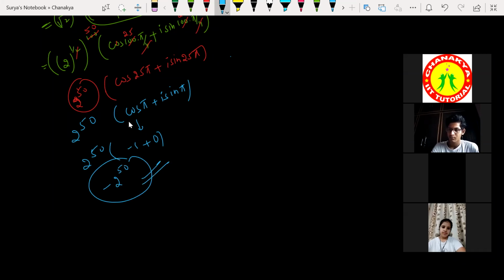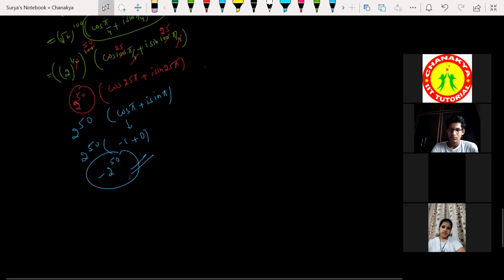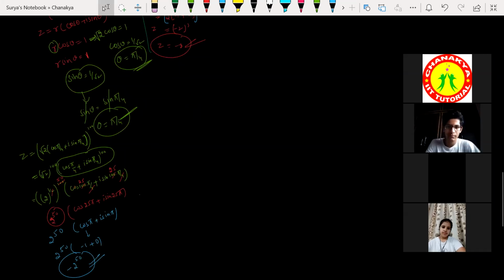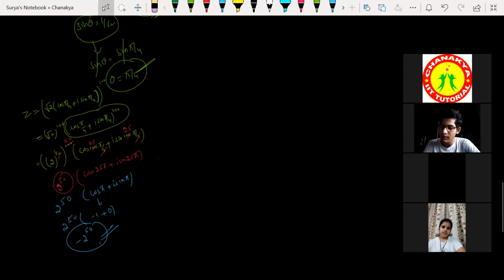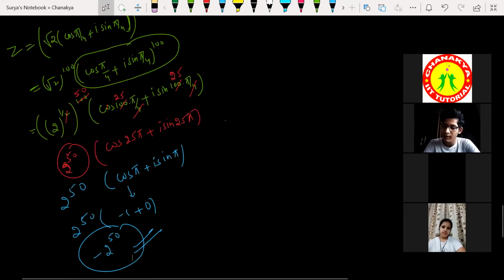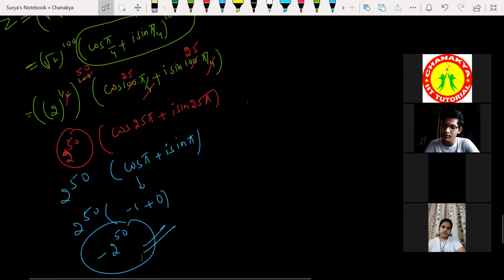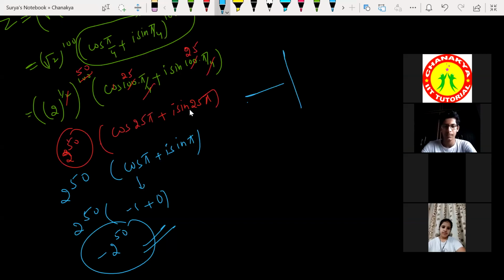Any doubt, guys? Sir, can you once again explain this after cos 25 pi plus sin? Look at this here. Cos and sin functions will be repeating after every what degrees? Do you know this graph? You will be understanding in the trigonometry lesson actually.